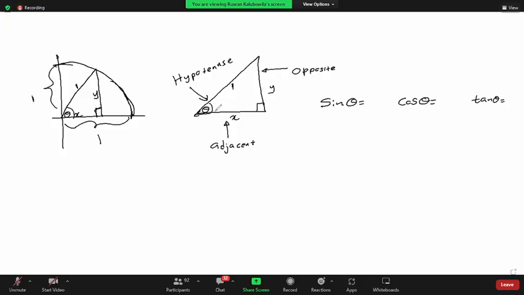You know these are the very basics. What is sine theta? Let's just write it in terms of these legs.